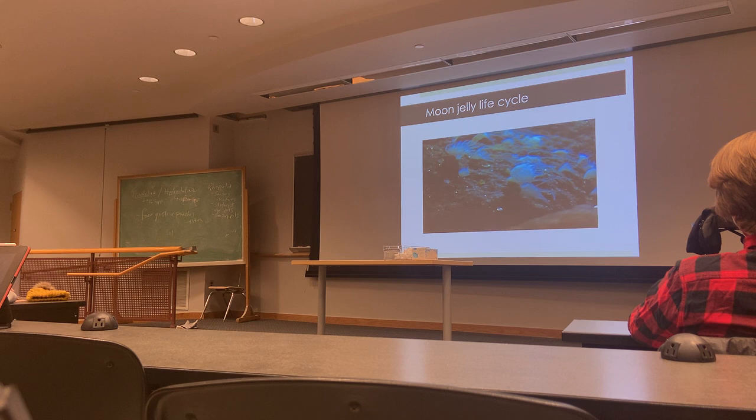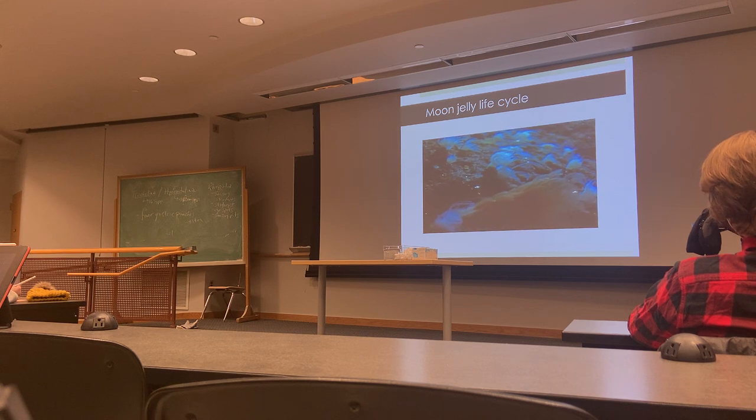At some point, those polyps will begin to divide. And it's almost like they form little plates, one on top of each other. Each polyp forms dozens of orange plates.